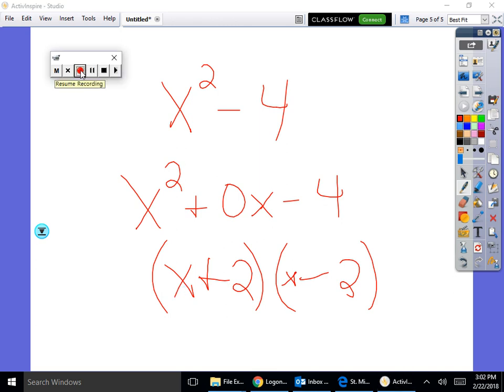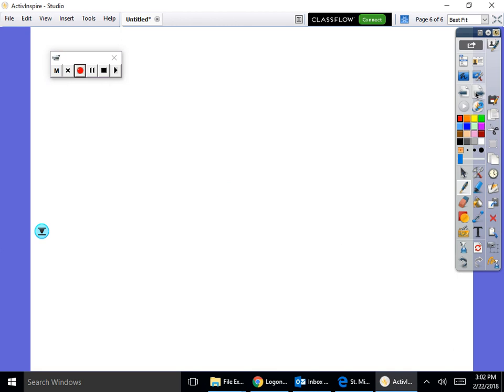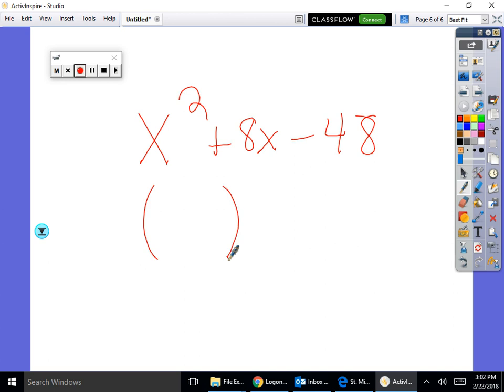Okay, let's talk about number 10 and number 15. So x squared plus 8x minus 48. What are two numbers that multiply to 48 and subtract to make 8? -4 and 12. So these are called my factors, and I want my solutions.